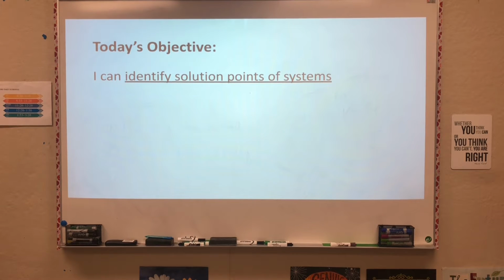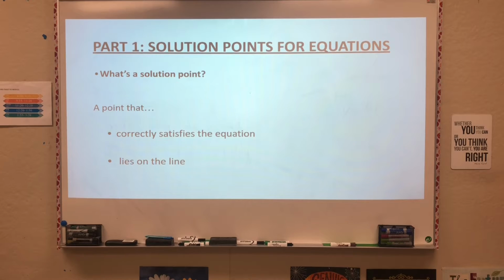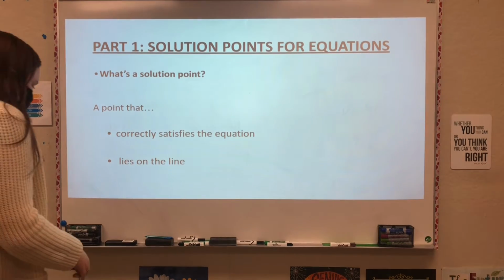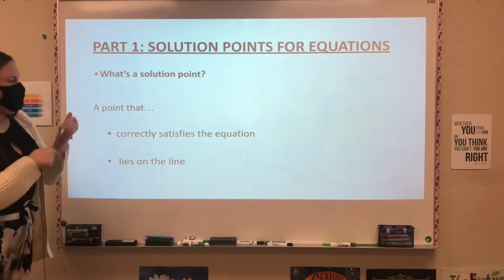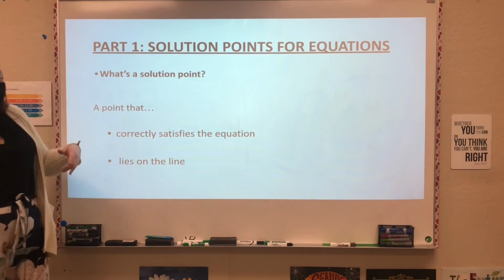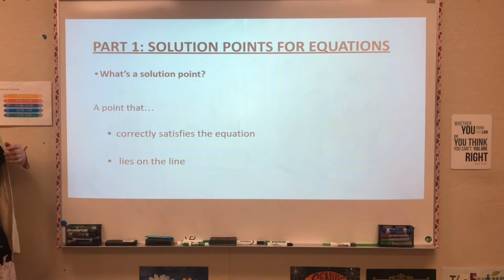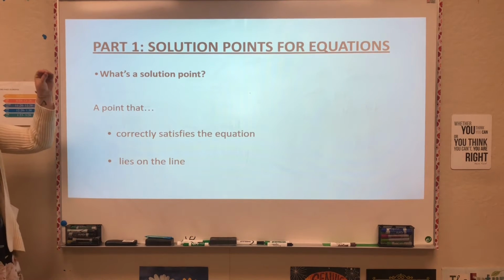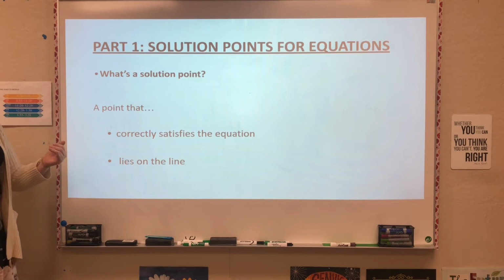So to begin, we're going to start off with what is a solution point. Our definition for a solution point is going to have 2 parts to it. The first part is that it correctly satisfies the equation. That is like the fancy math way of saying if you substitute in the numbers, it gives you something that's true.